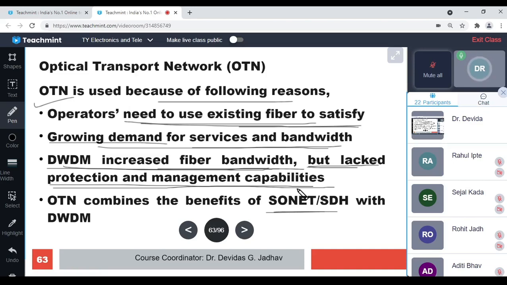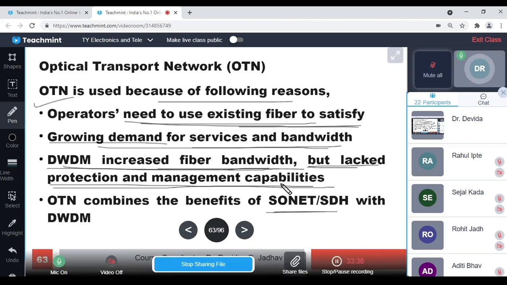It combines with the technique of DWDM and covers whatever lacuna is there in DWDM, so that protection and management can be provided in the network. So both protection capability, management capability, and the large increase in fiber bandwidth are the features. Those are combined by OTN. So OTN combines these benefits of SONET and DWDM.